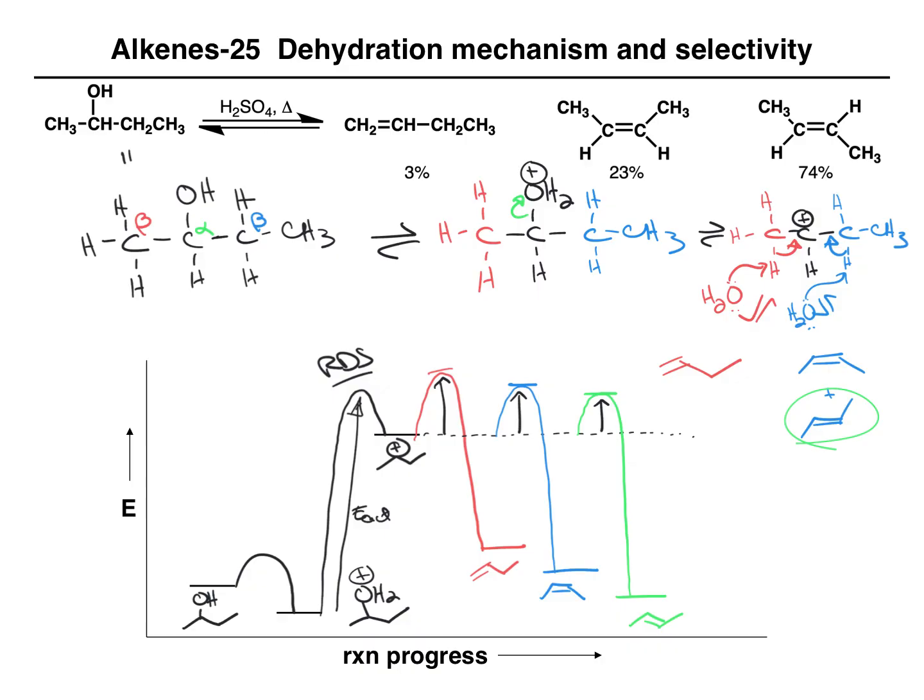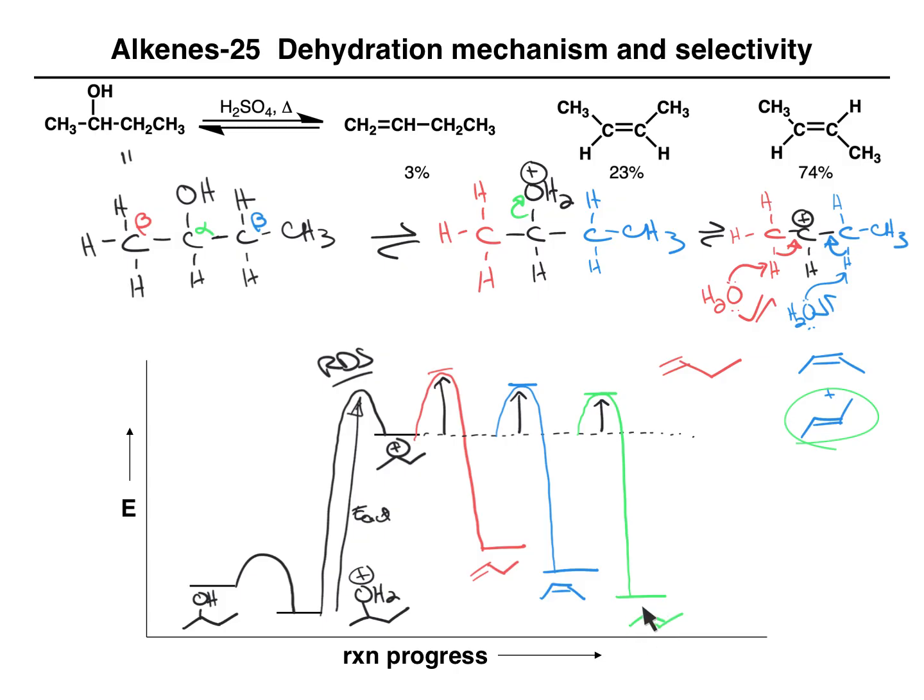However, similar is not exactly the same. The red transition state has a little bit of this double bond character. The blue transition state has a little bit of this double bond character, and the green transition state has a little bit of this alkene character.